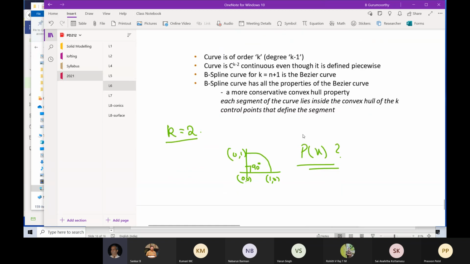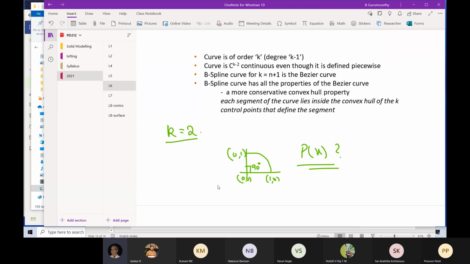Now that was with arbitrary shaped curves which do not have an analytical form. I left you with this question at the end of the class: if I now want to use a spline representation for a known curve, something for which you already have an analytical expression.